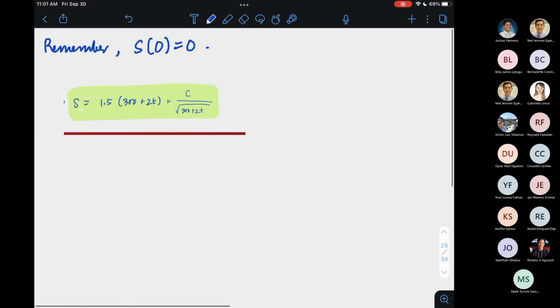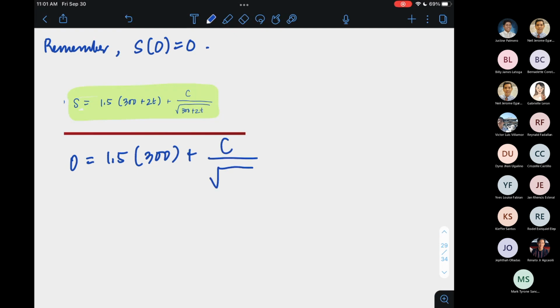Ito yung solution natin. So when t is equal to 0, si s dapat daw ay 0. So we'll have 0 equals 1.5 times 300 plus c over square root of 300. All right? Kasi ang initial condition natin, when t is 0, s must be equal to 0. So plug those values in, and then we can now solve for c.